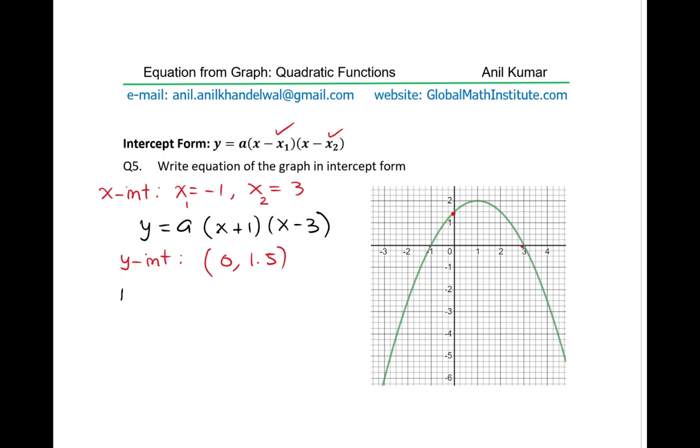Substituting 1.5 for y, we get a times 0 plus 1 times 0 minus 3, which is 1.5 equals -3a, or 1.5 divided by -3 is the value of a.